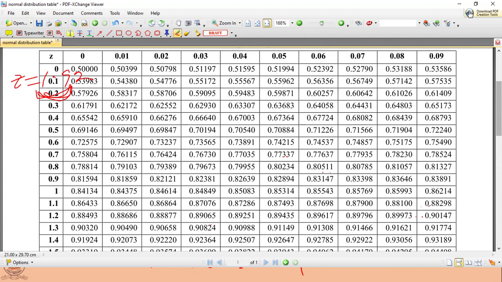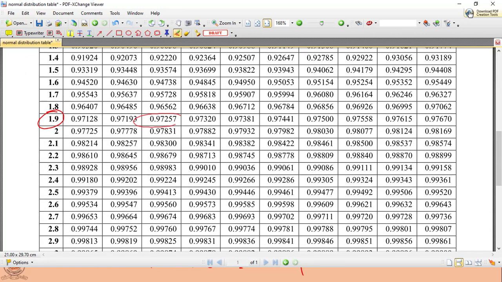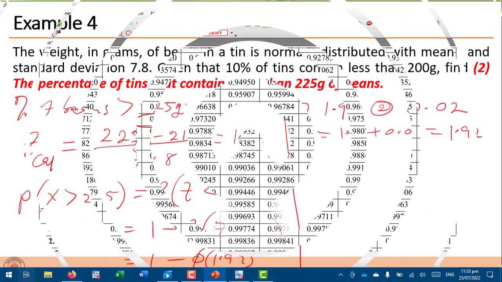Then the next one is to look for 0.02, and 0.02 is the third column after the z. So let's go back there and here. That is our probability value. Let's go back and then put this back in.